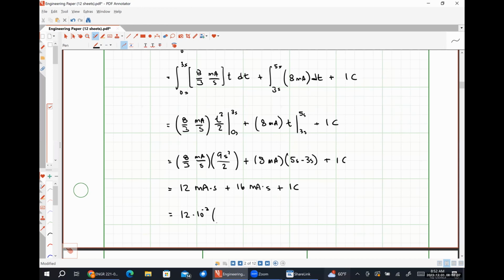An amp is a coulomb per second multiplied by seconds plus 16 times 10 to the minus 3 coulomb per second times second plus 1 coulomb. All of this stuff cancels out. So 12 plus 16 is 28. So this looks like 1.028 coulombs.